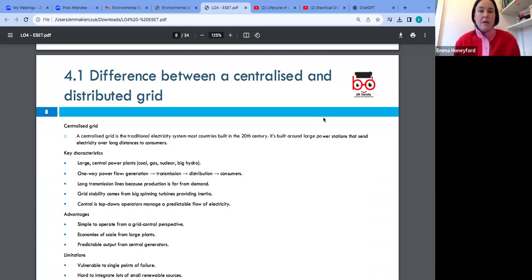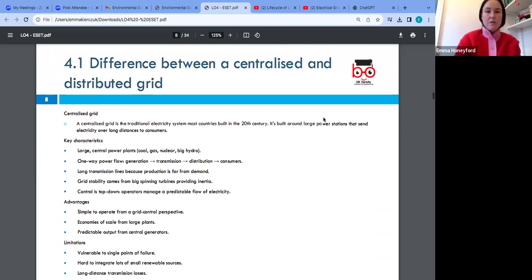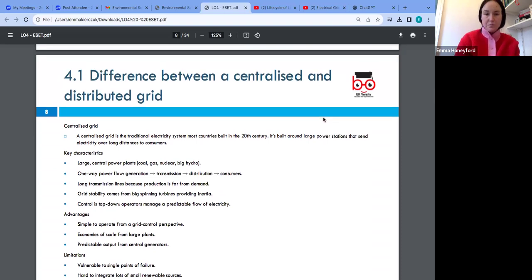So the difference between a centralised and distributed grid. There is a difference, and I'm going to show you a short video here that I found before.